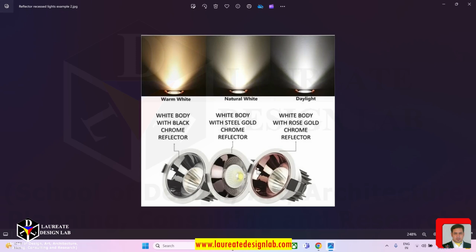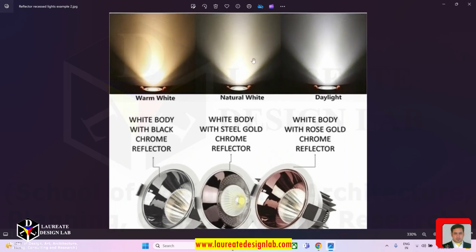Because of this coating color, you even get different colors of the light output. Because of this reflective material, it is not going to contribute highly to the surface, but it is going to contribute to the extent of the deepness of the color.